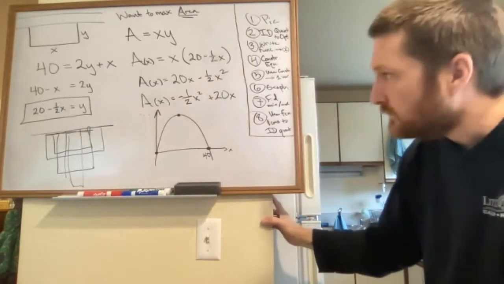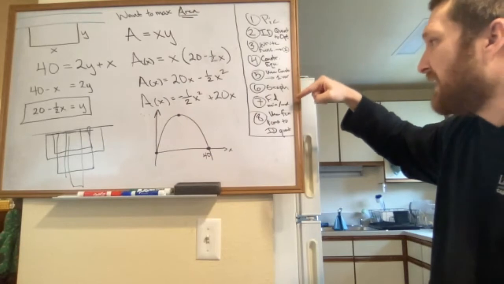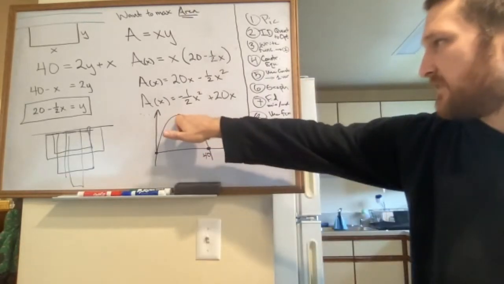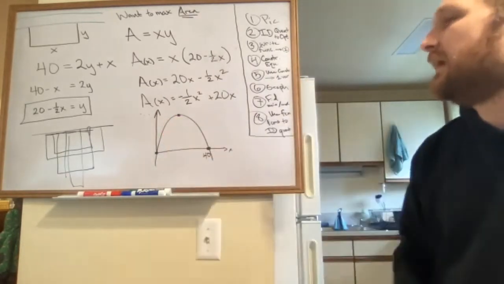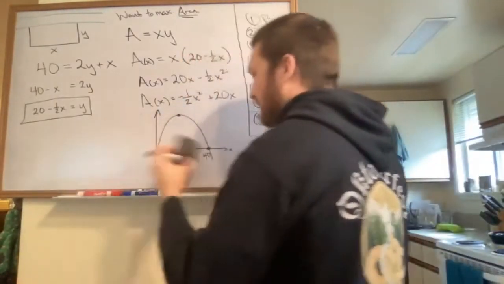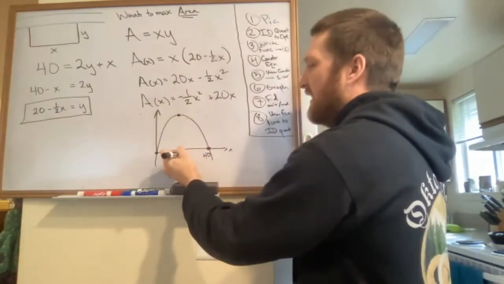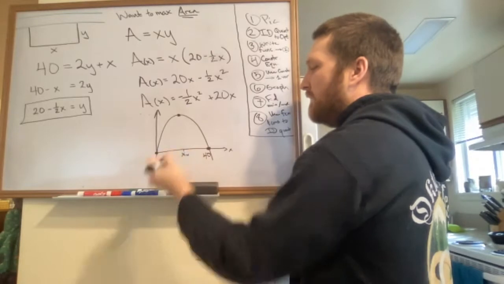So now we're done with 6. Now we need to find the maximum value. How do we find the max on a parabola? Okay. It's at the vertex. I'm going to call it x sub v.